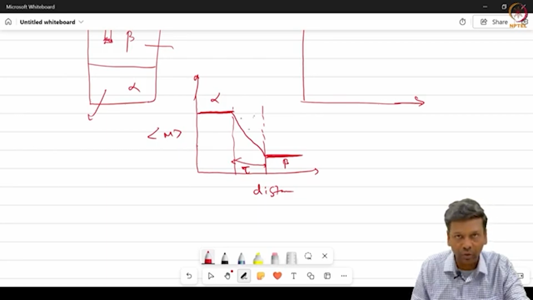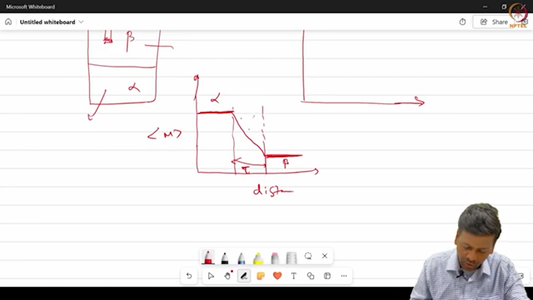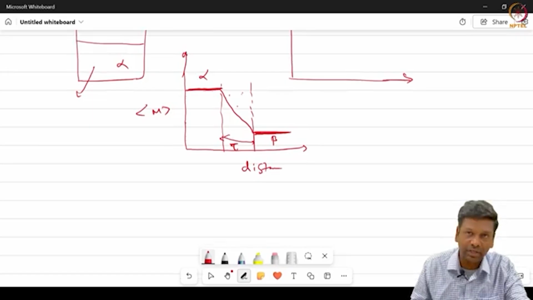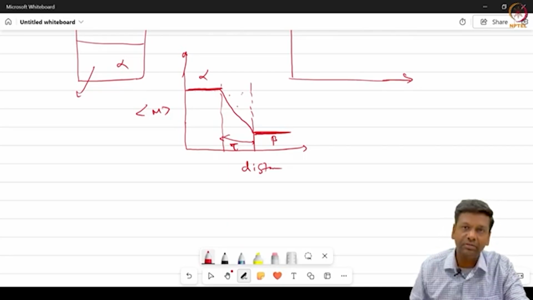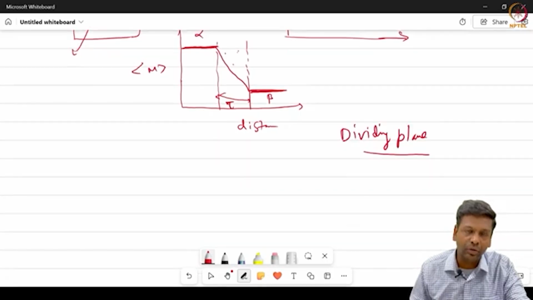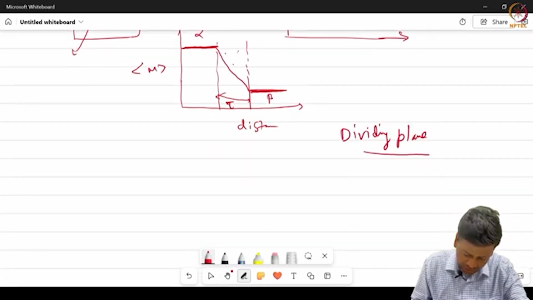It is very difficult to locate that, right. So for that, what Gibbs had proposed is that there is something called a dividing plane. So Gibbs uses this dividing plane as a reference plane.